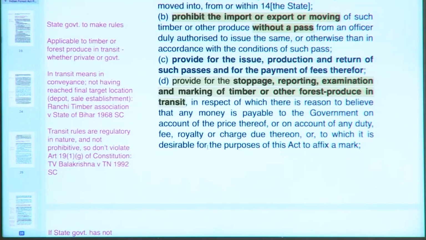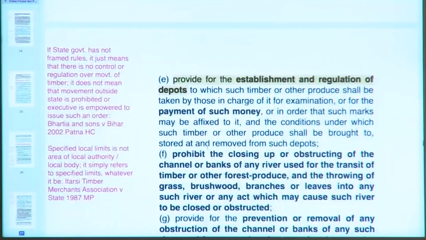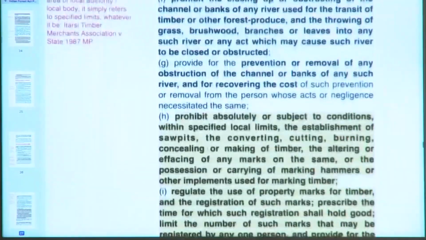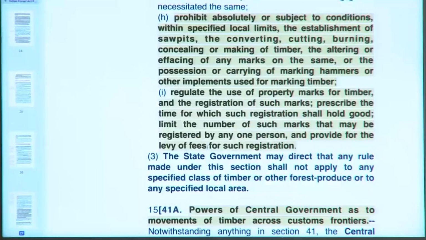There is a system of reporting, examination, and marking of timber and other forest produce in transit, in which cases you issue the transit passes. Then you have provision for the establishment and regulation of depots and so on. The government can control where the depots will be set up or not set up, and you have the converting, cutting, burning, concealing, marking of timber. All of these can be controlled.